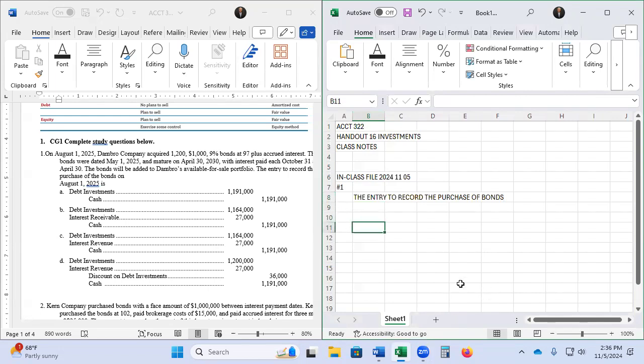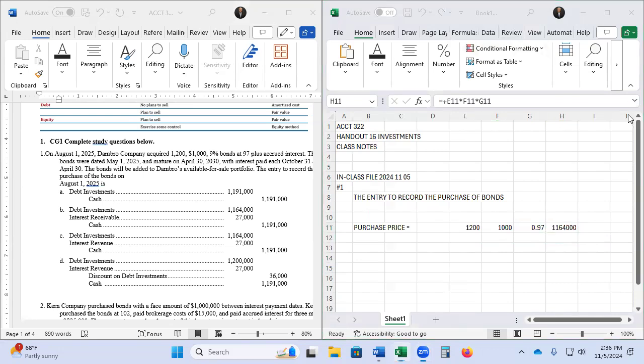And so purchase price equals, you had 1,200 times $1,000 times 0.97. And that's 1,164,000.